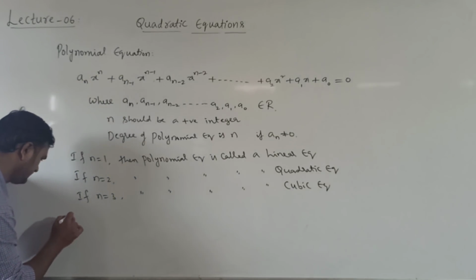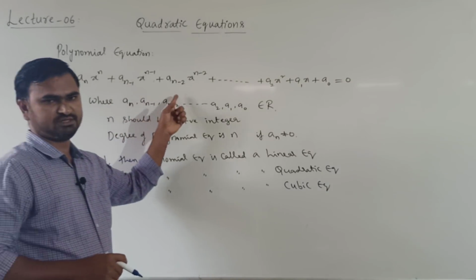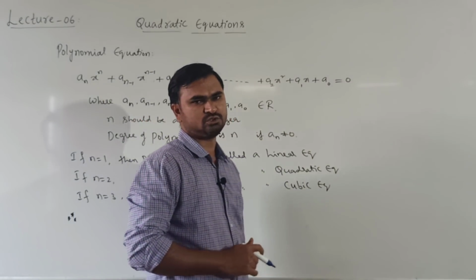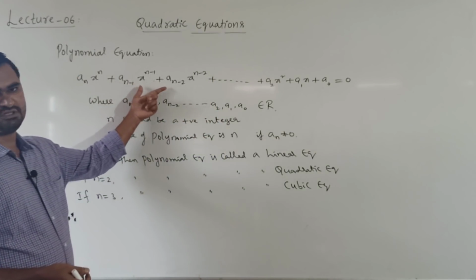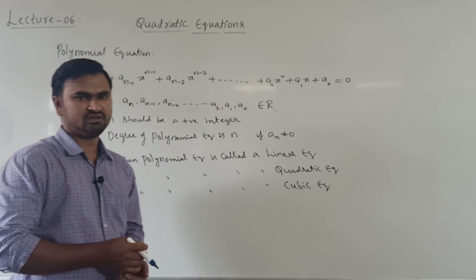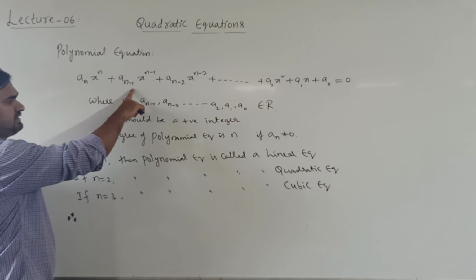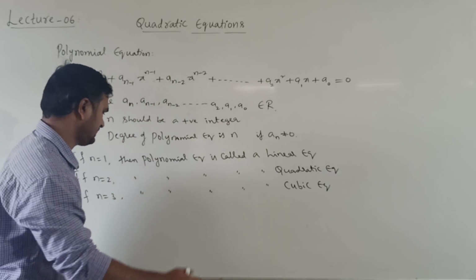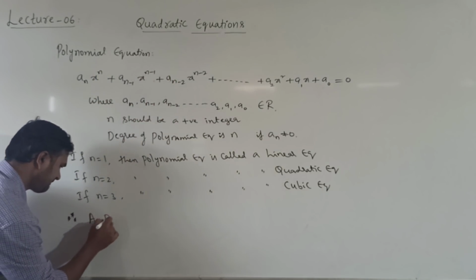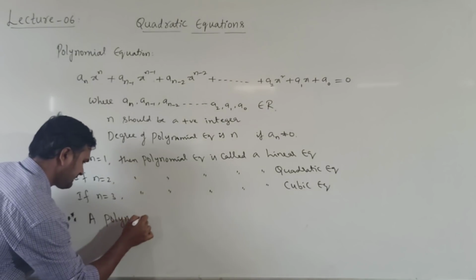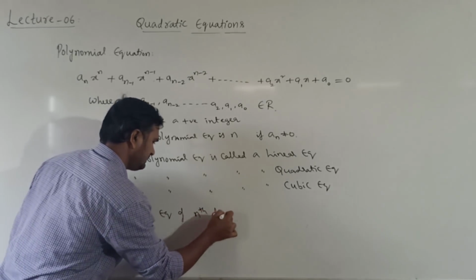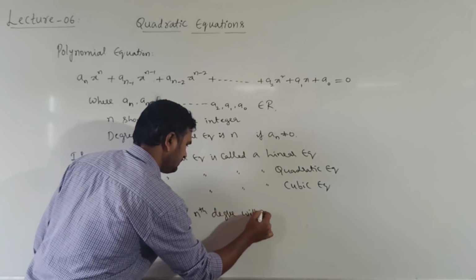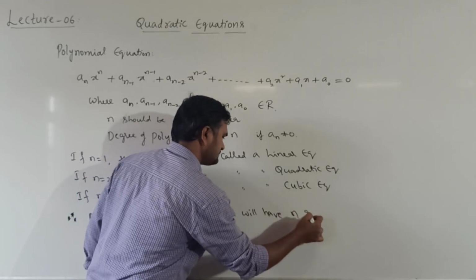Now one important note we will study here. Since it is an equation, it will have roots or solutions. So how many roots will there be for a polynomial equation of degree n? A polynomial equation of nth degree will always have n roots.